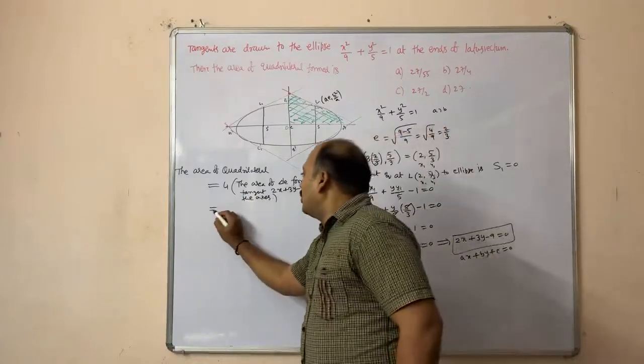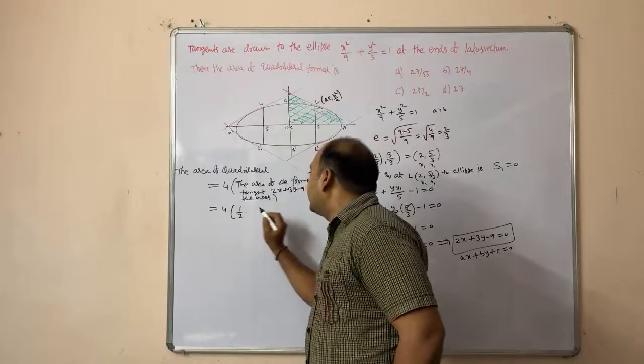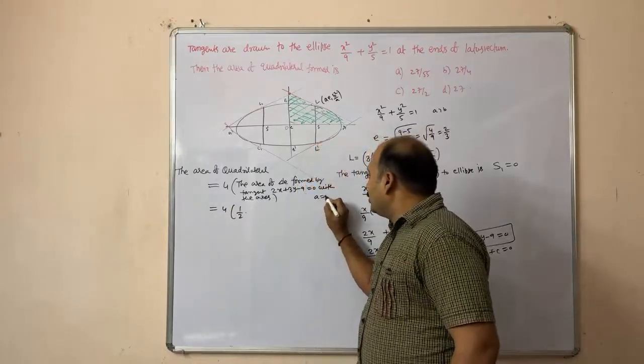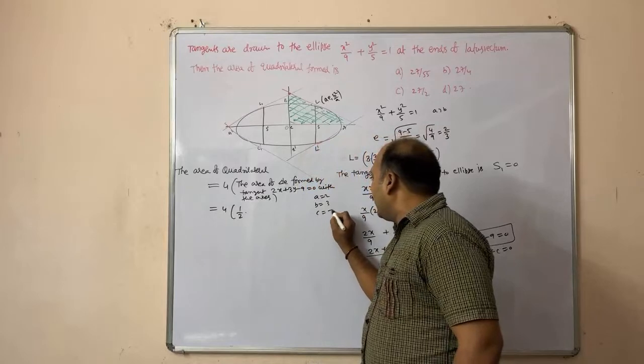So that is equal to 4 times half into c square by ab.